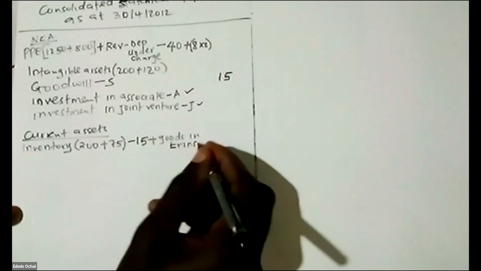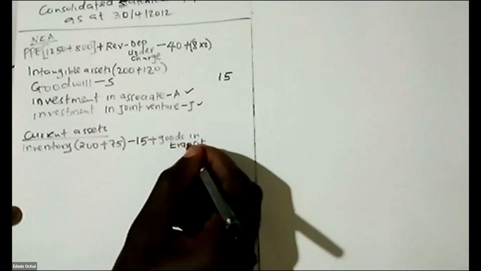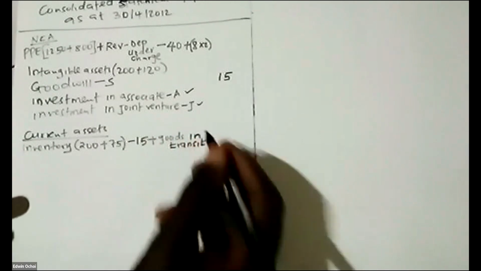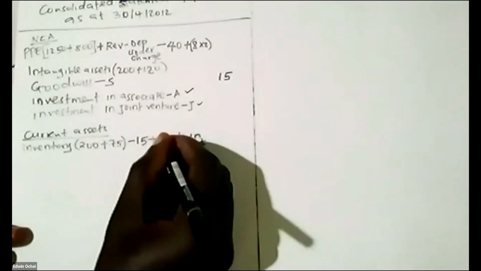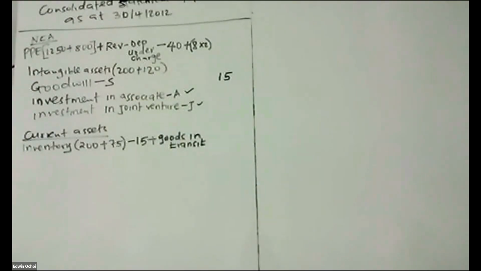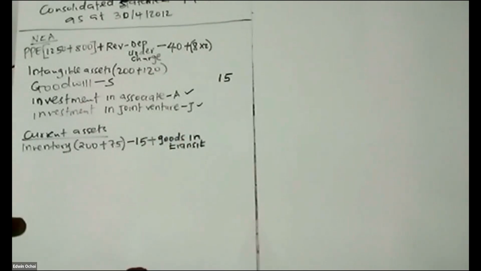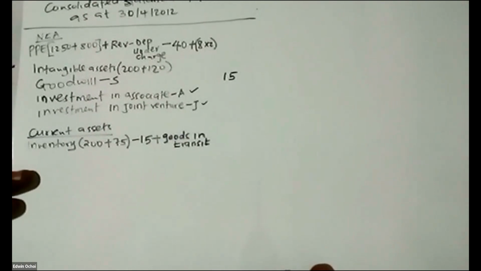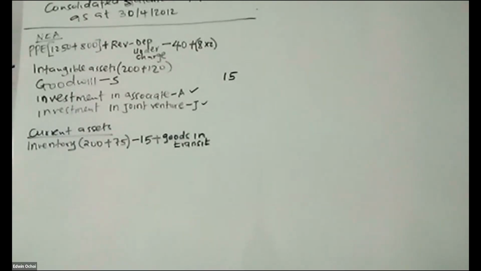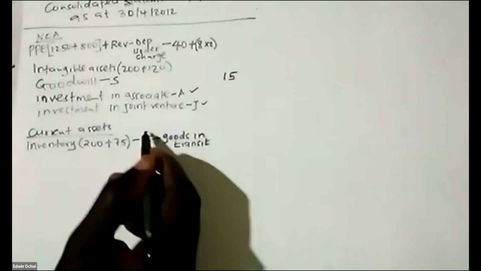Goods in transit is whereby some goods were being sold by one entity to the other, and that other entity which was supposed to receive them never received those goods by the end of the year. He received those goods some days after the end of the financial year. So remember that once he received those goods, he has to increase his stock, the group inventory account. So this is UPS.